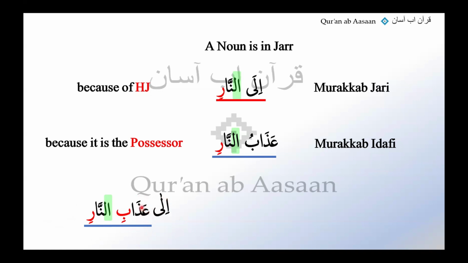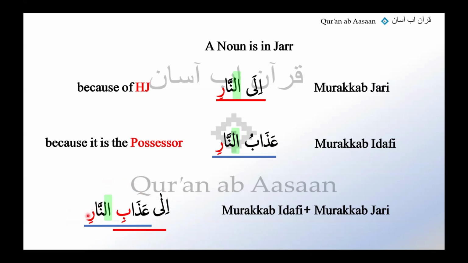That means we found a combination of two murakkabs: a murakkabe idafi and a murakkabe jari. It is such a perfect combination to see both the reasons of jar very clearly.